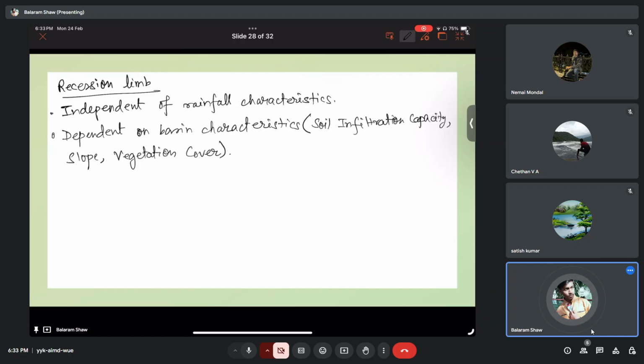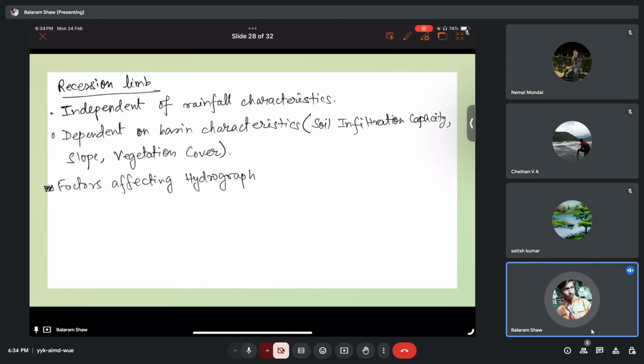The next thing was the factors affecting the hydrograph. The factors affecting the hydrograph are the very same as those we discussed in the last tutorial session regarding the factors that affect the runoff, because it is discharge versus time or runoff versus time, right?